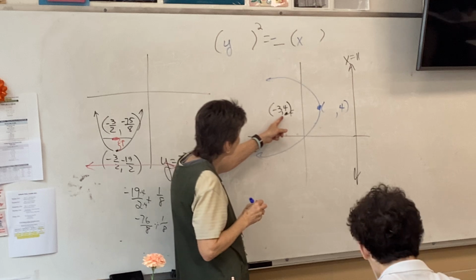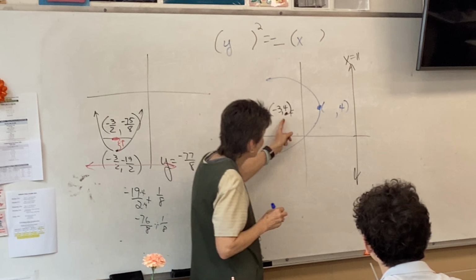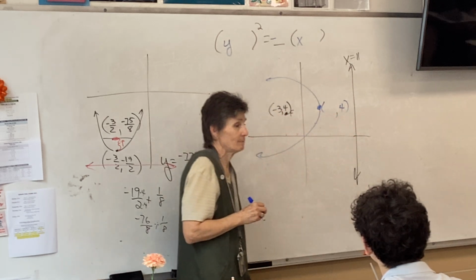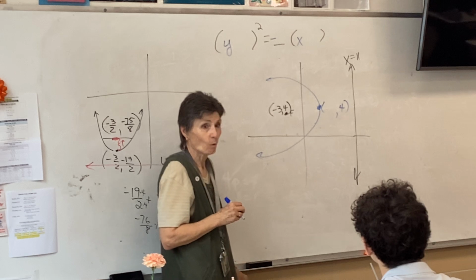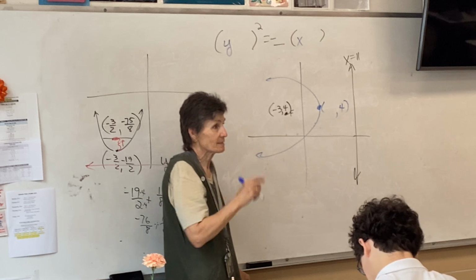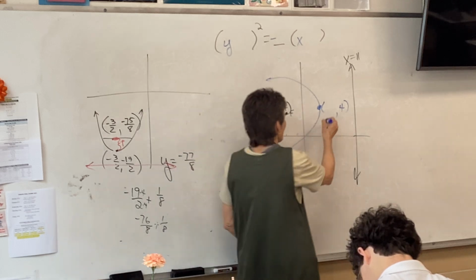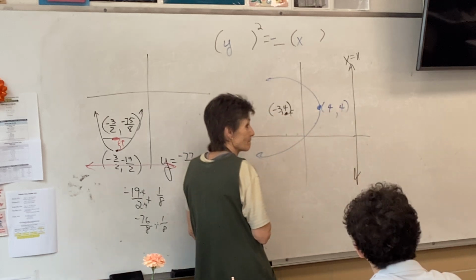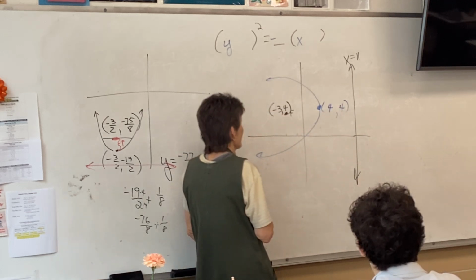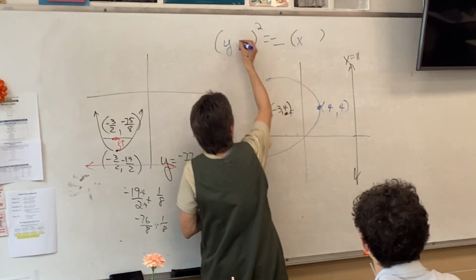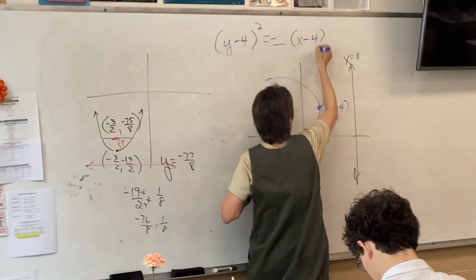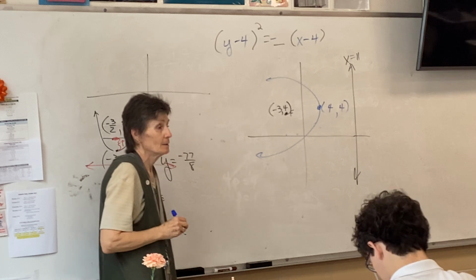And what is halfway between negative 3 and 11? 4. Negative 3 plus 11 is 8, divided by 2 is 4, the average. They're both 4, but make sure you're putting the right number with the right letter here.